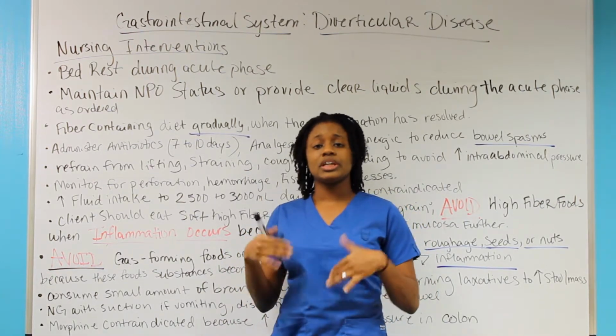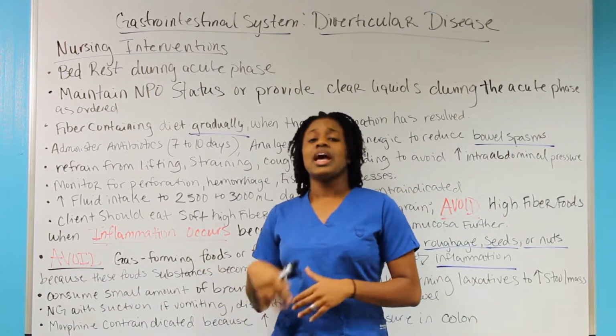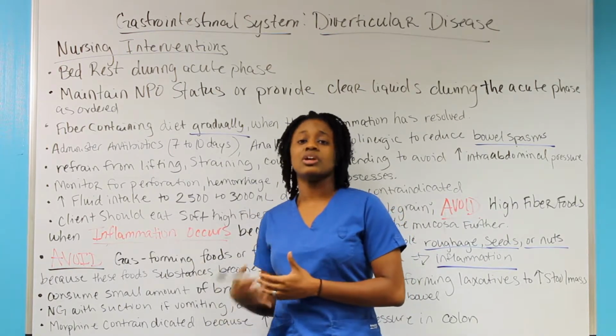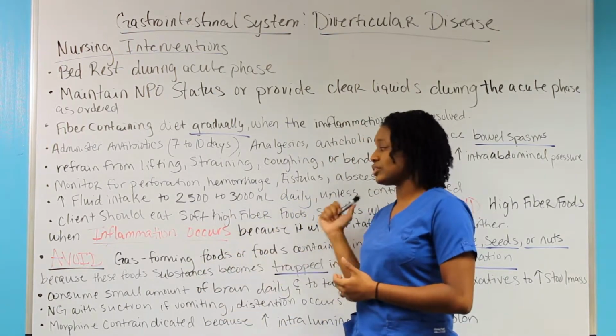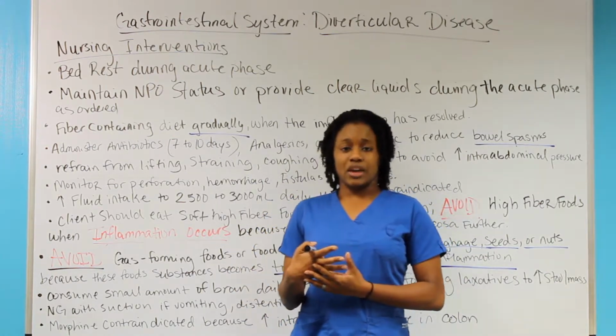It puts more pressure in that area when the bowels are moving, and that's what's going to cause the risk of perforation and eventually lead to peritonitis or any of these other complications, the hemorrhage, the fistulas, right? So I don't want them to be on a high fiber diet.